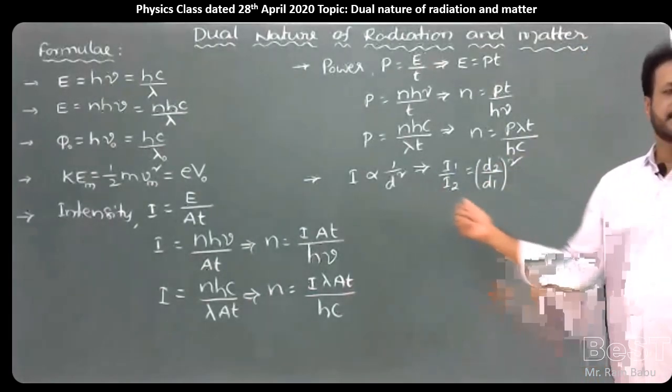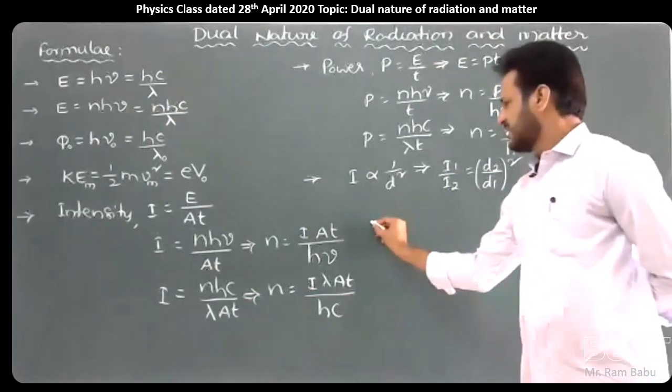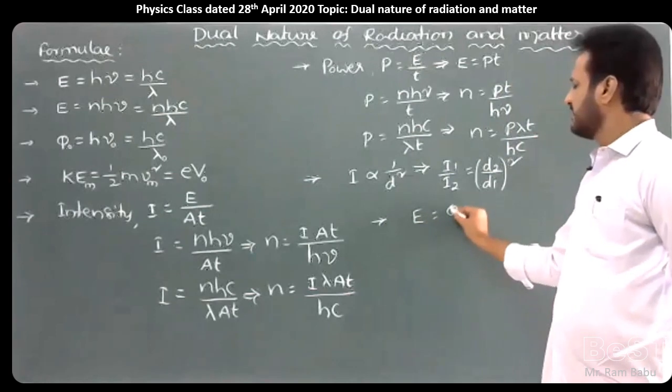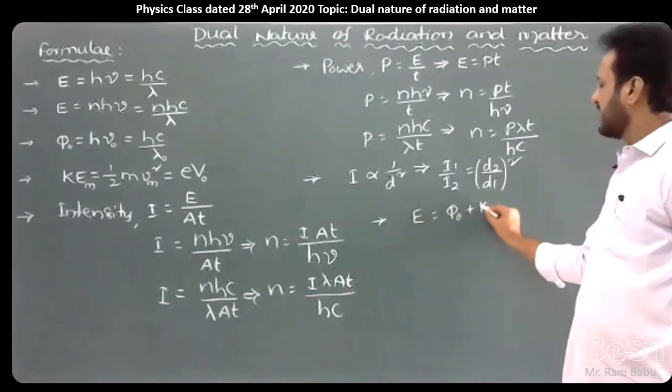Intensity and distance relation. From the Einstein photoelectric equation, the main formula you should write: E is equal to phi naught plus K maximum.